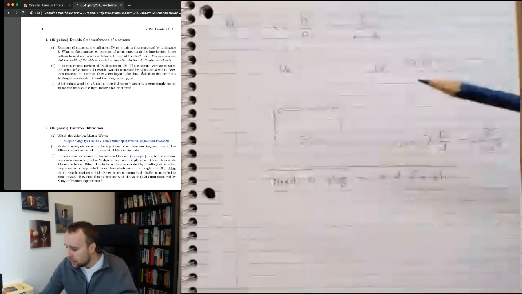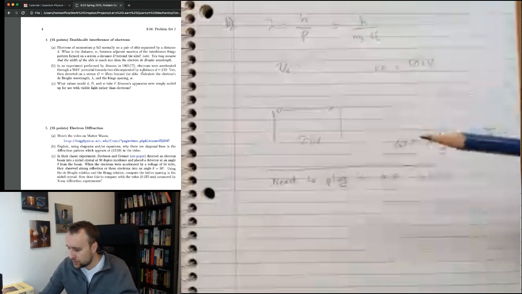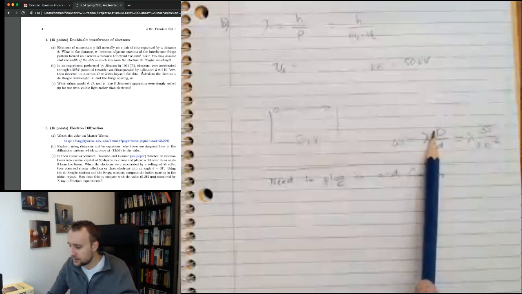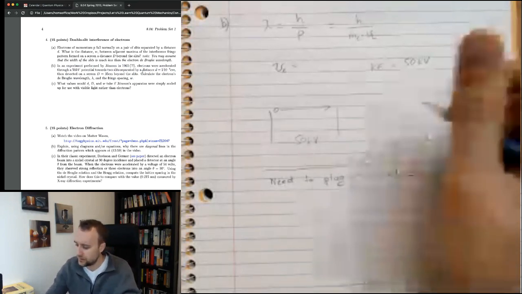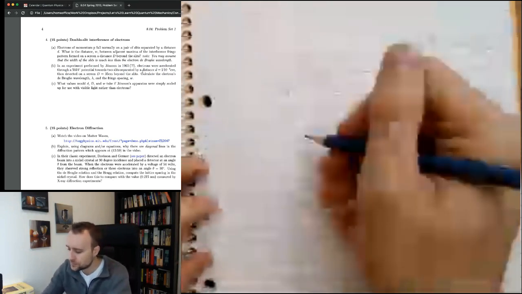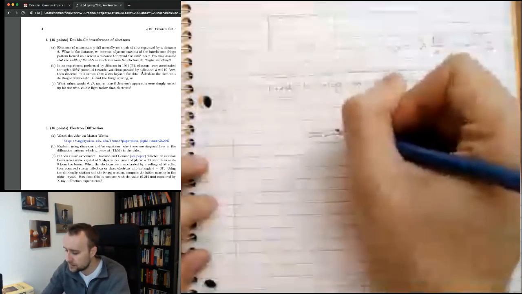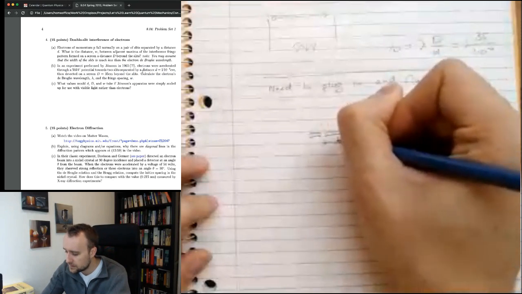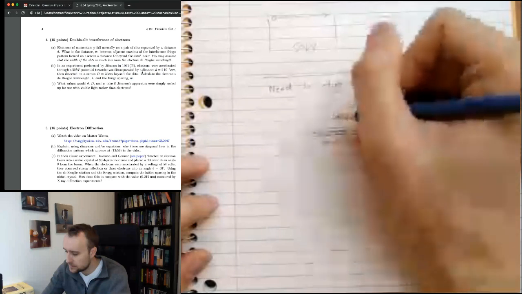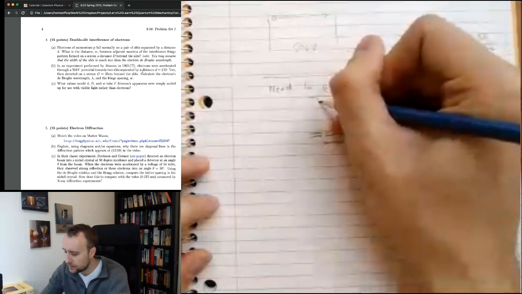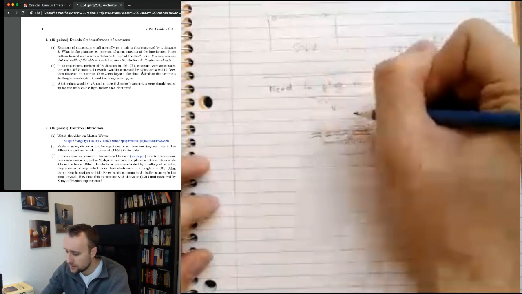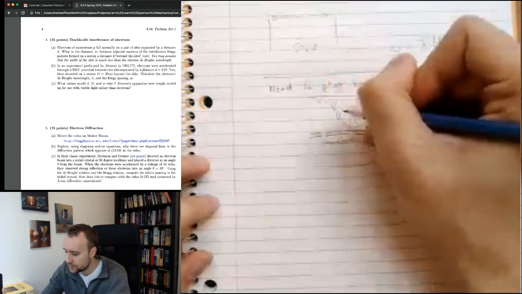We know the fringe spacing is related to it this way: lambda times big D, which is the distance from the slits to the screen, over little d, the spacing between the slits.